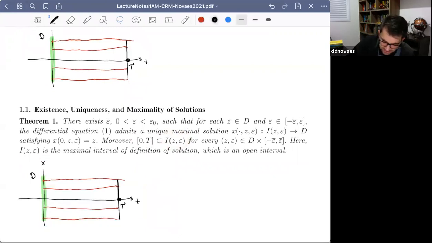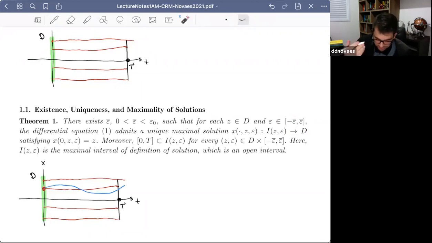What I'm saying is that for each initial condition inside D, if epsilon is inside the closed interval [minus epsilon bar, epsilon bar], then the solution starting at this point is defined at least for t equal to the period of the differential equation, capital T. Then, is that what we have?